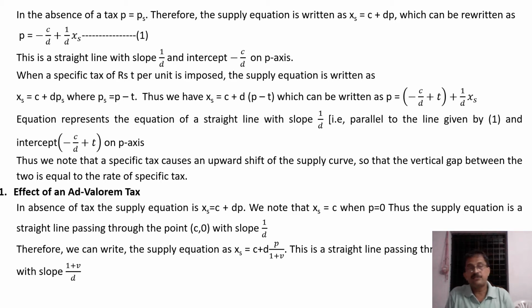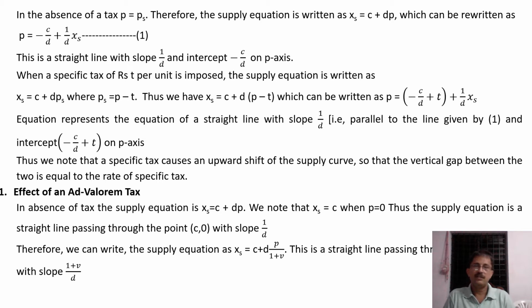When a specific tax of rupees T per unit is imposed, the supply equation is written as Xs is equal to C plus D Ps, where Ps is equal to P minus T. Thus we have Xs is equal to C plus D into P minus T, which can be written as P is equal to minus C by D plus T plus 1 by D Xs.